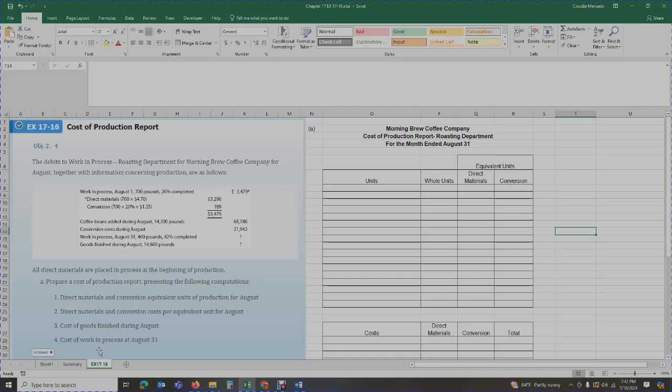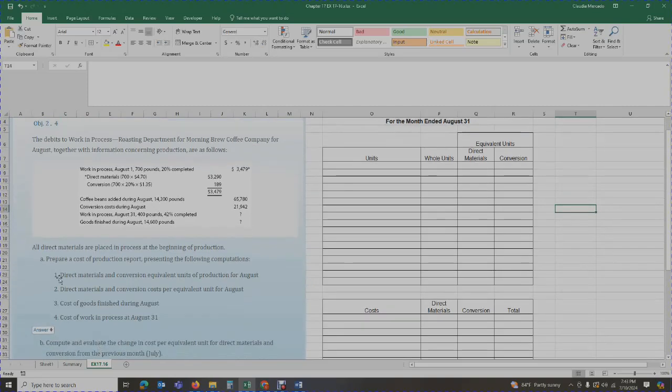Okay, so the cost of production report. They are providing us with information about a roasting department for Morning Brew Coffee. They're giving us our beginning work in process and then the materials, which are the coffee beans that are added during the month for the roasting of the coffee. The requirements are: all direct materials are placed in process at the beginning of production.